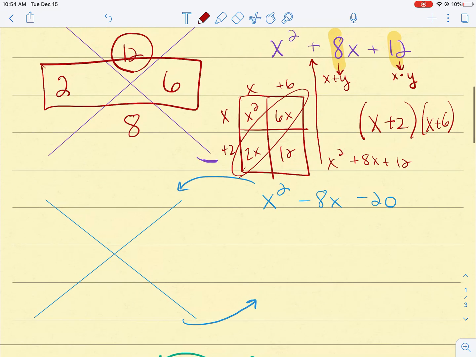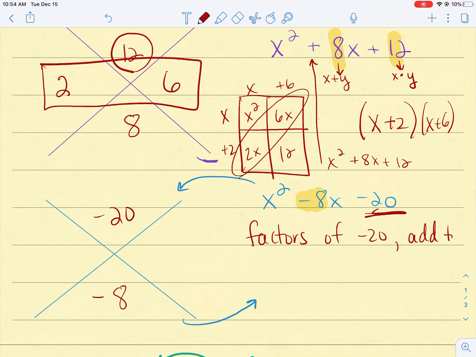So again, you're going to take this middle number and put it at the bottom, negative 8. You're going to take this end number, put it at the top. So this is really factors of negative 20 that add to negative 8, right? So if I think of this, factors of negative 20, well, 20 has 1 and 20, 2 and 10, 4 and 5.